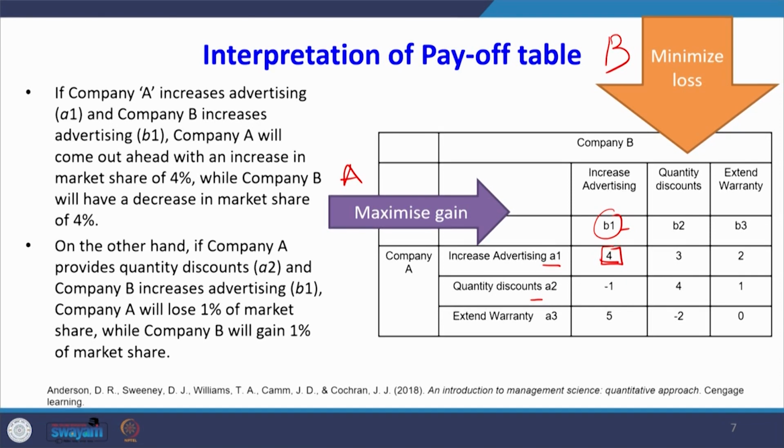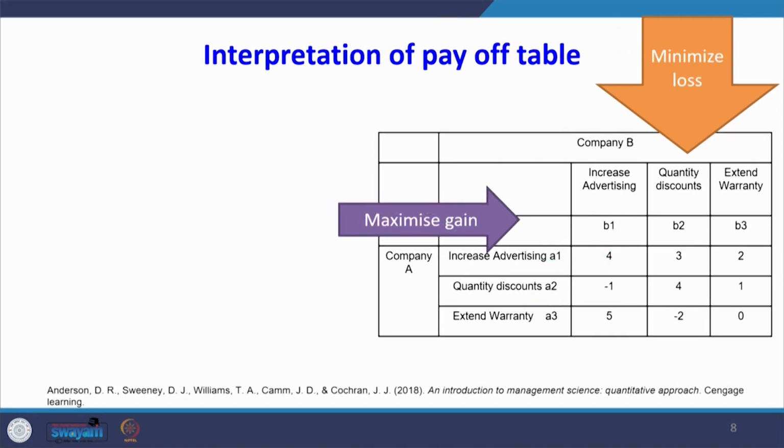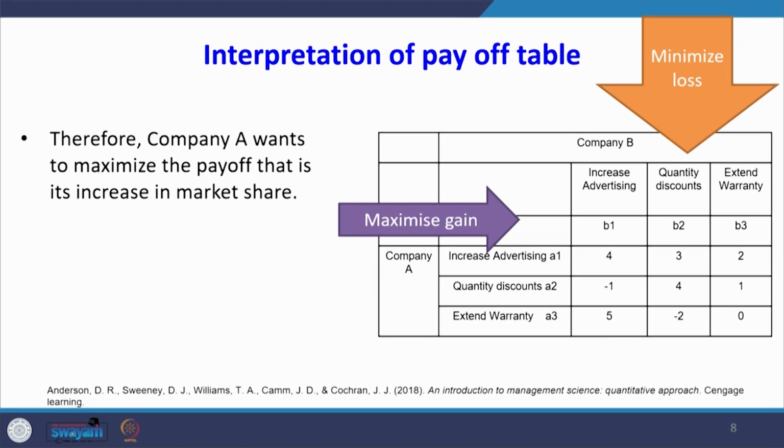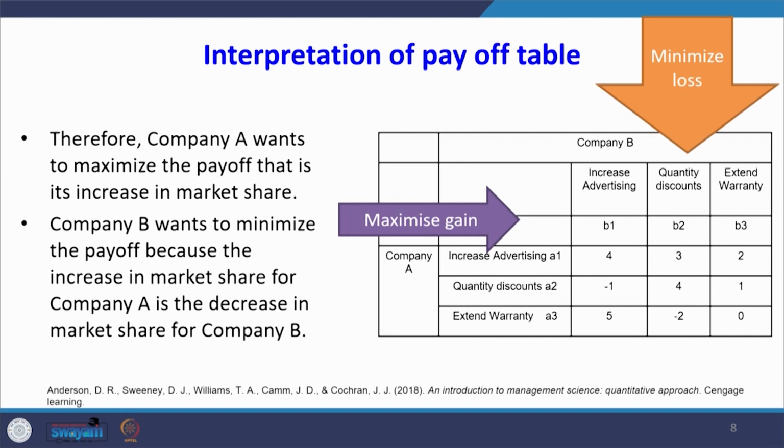This is the way to interpret this table. Therefore, company A wants to maximize the payoff, that is its increase in market share. Company B wants to minimize the payoff, because the increase in market share for company A is a decrease in market share for company B. That is why we call it a zero sum game.